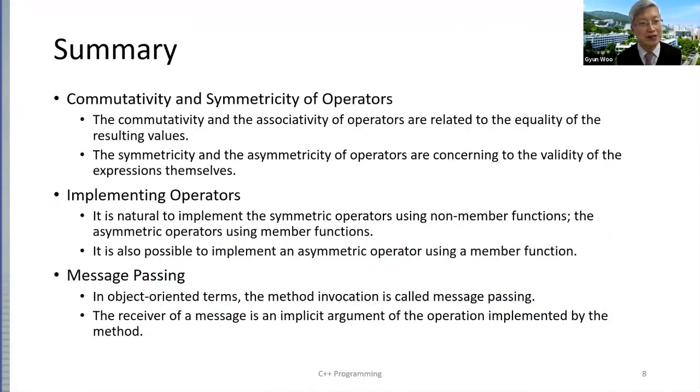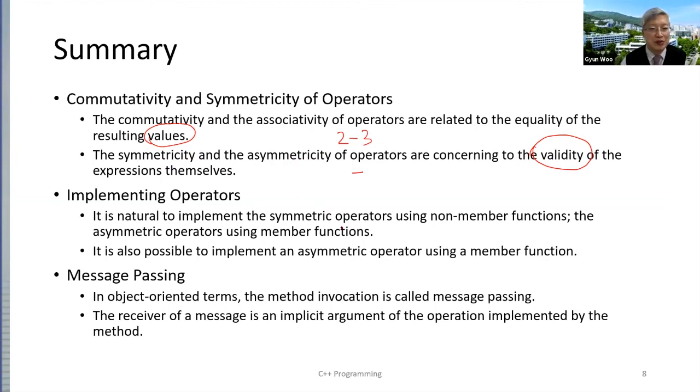So let me summarize today's contents. You have seen the commutativity and symmetricity of the operators. Commutativity is concerning the returned values, but symmetricity is concerning the validity of the expression. So even though 2 minus 3 is not commutative, the minus operator is symmetric.